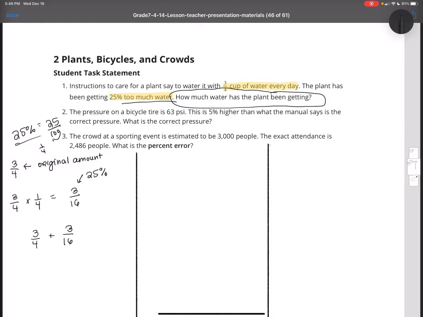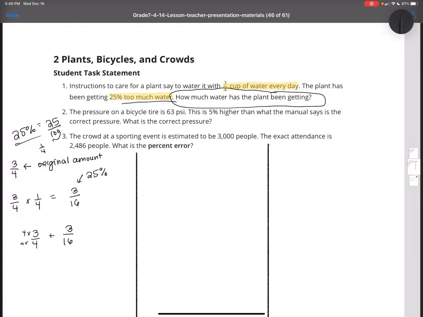Now, anytime you add fractions, you do not want to add them when they have unlike denominators. They have to have the same denominator. So I need to figure out how can I get 4 to 16. If you guess, multiply 4 times 4, and whatever you do to the top, you want to do to the bottom, you are absolutely correct.